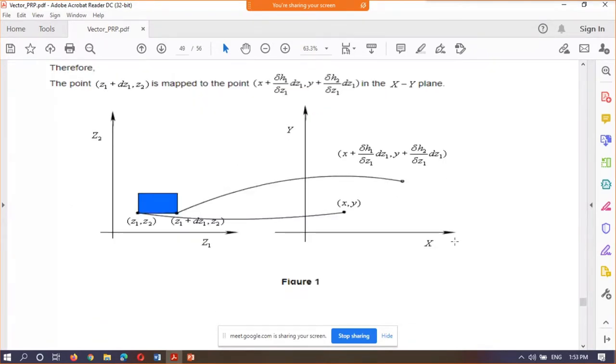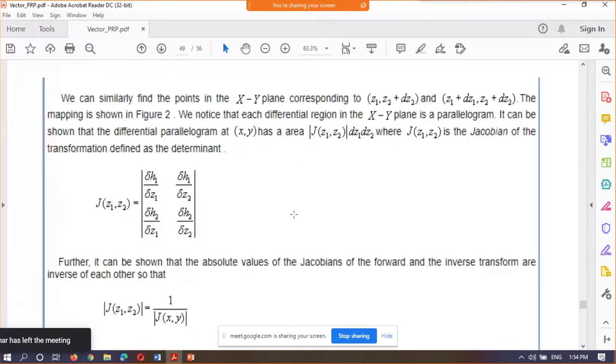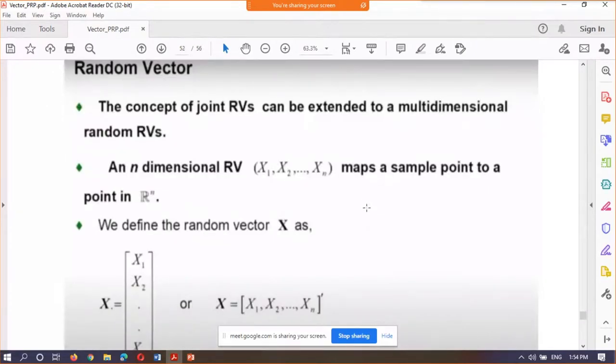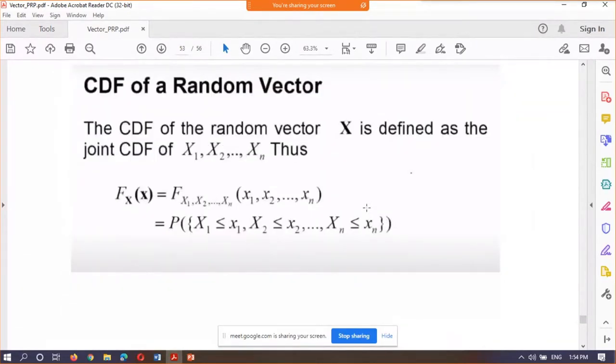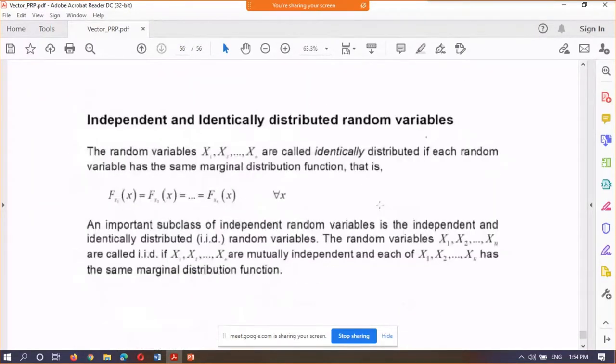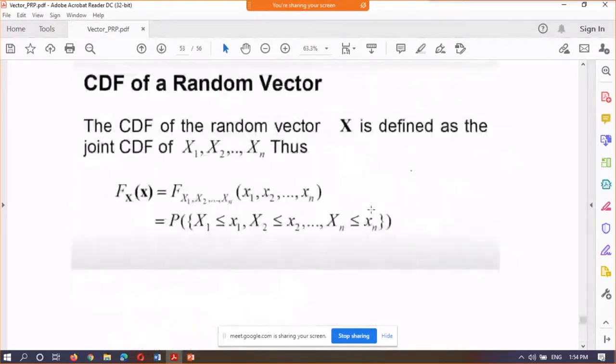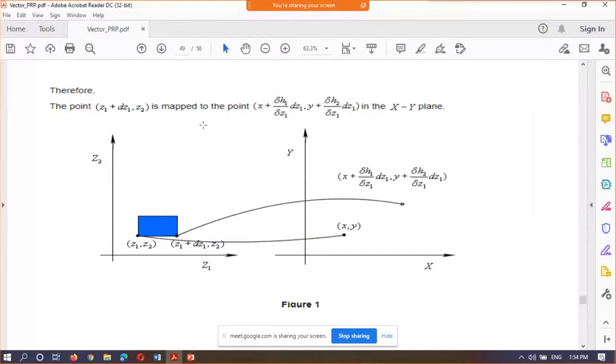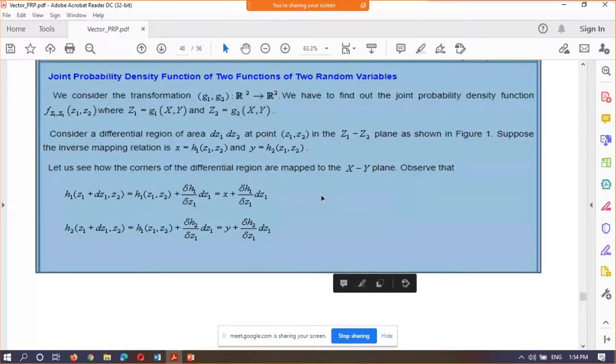So from 2D you go here, and then it is transformed again to somewhere else, like a third domain. You can generalize this thing, but we are not going beyond this. I'm discussing this so that you are aware of all these things, because this may be useful in your future.